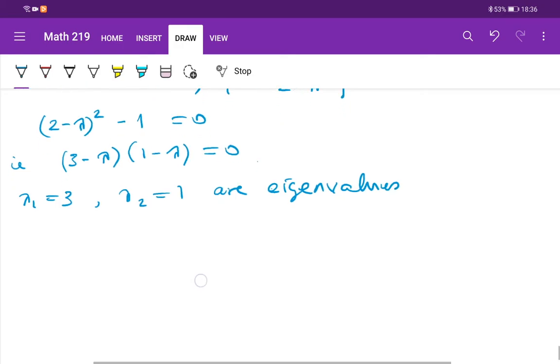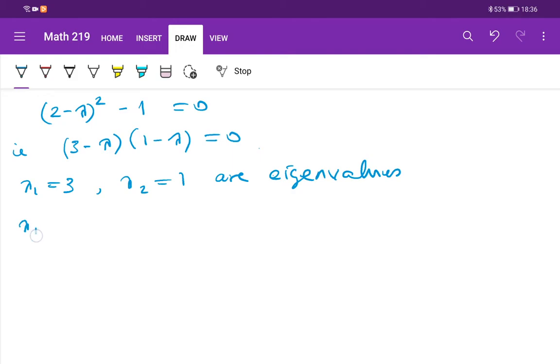And as we saw before, let's pick one of these and look at the set of all eigenvectors. So we do exactly as we did before. We want (A minus lambda 1 I) times v equals 0, and this corresponds to this equation.